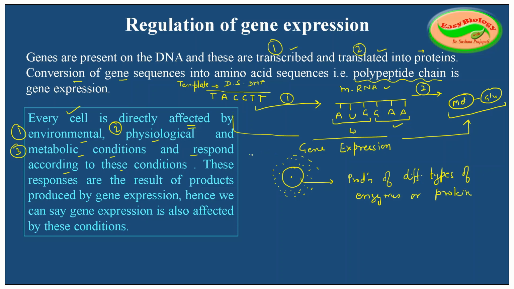Okay, so there is a change in the condition. This change in the condition will lead to a change in gene expression. And finally, we have different types of products.